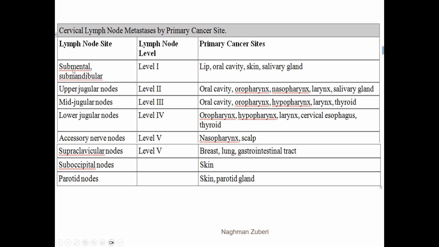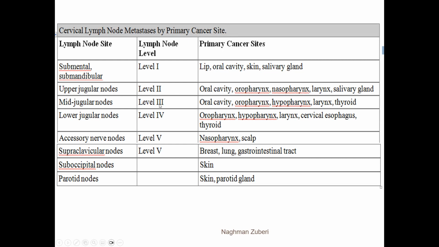Lymph node site: submental and submandibular, both are considered level 1 lymph nodes. Primary cancer site will be from lip, oral cavity, skin, salivary gland, etc. Upper jugular nodes, level 2, get lymph from areas where the oral cavity, oropharynx, nasopharynx, larynx, and salivary gland have primary cancer.